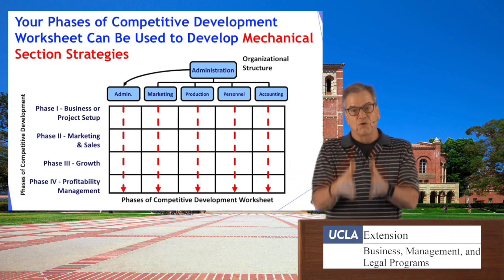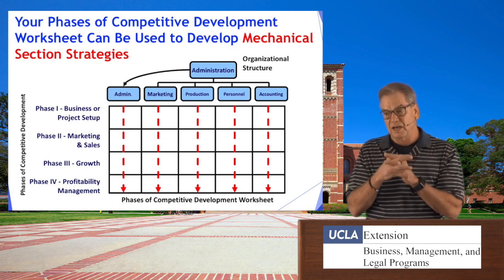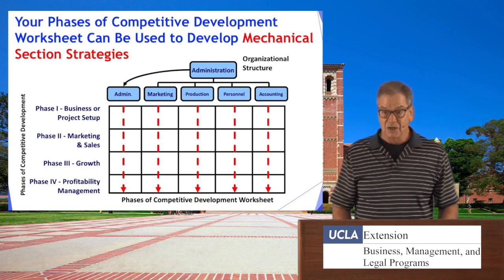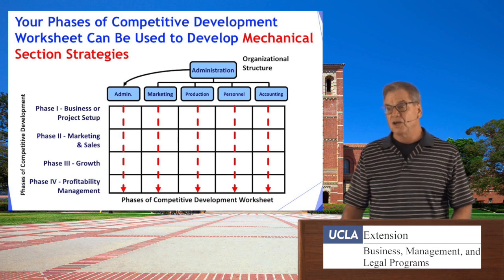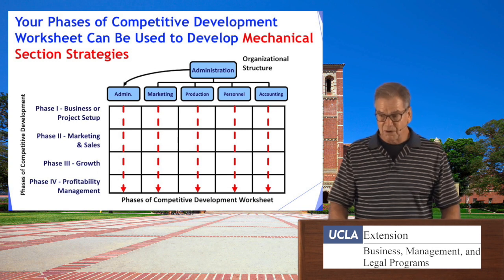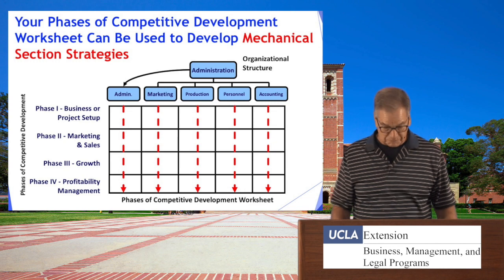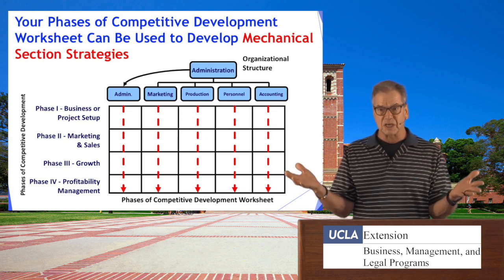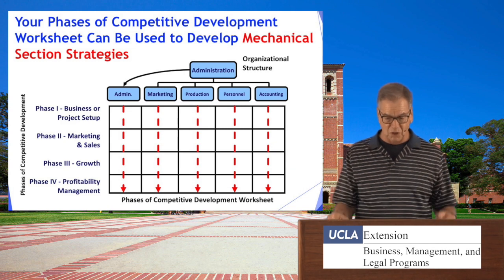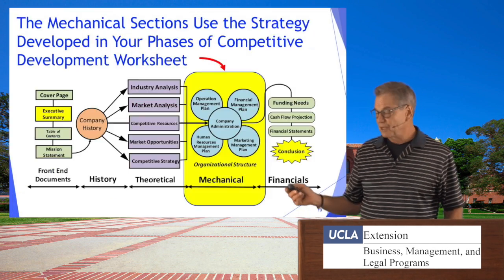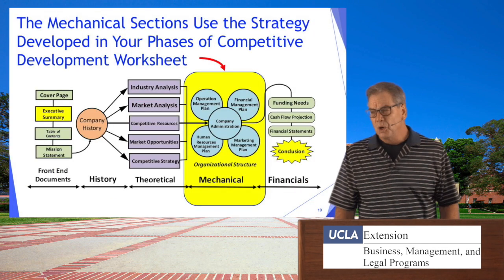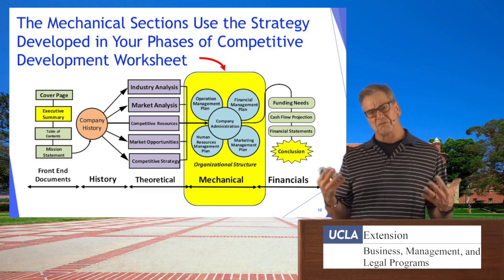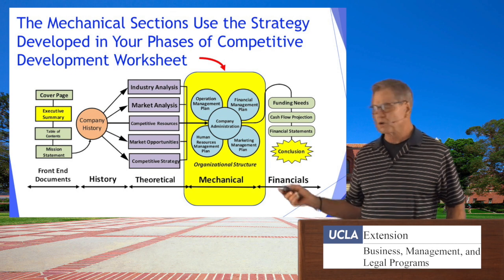So we can vertically take a look at how each department is going to evolve per phase of competitive development in terms of staff size, capitalization, procedures, etc. It gives you an idea of how the overall organization is going to evolve, and how each department is going to evolve. And that gives you, the CEO, if you're able to visualize it, a higher sense of self-confidence in what you're doing and where you're going with the organization.